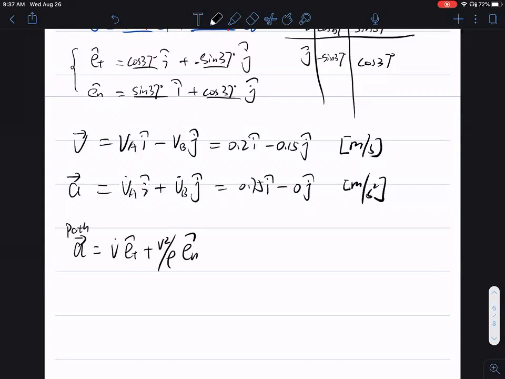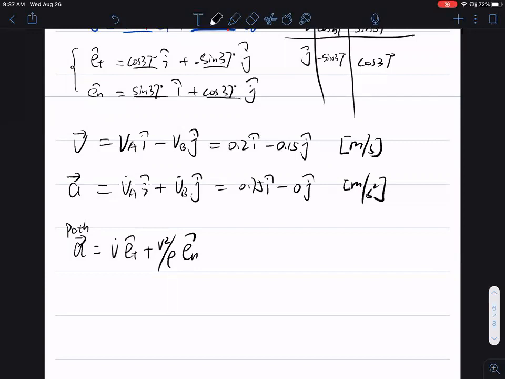And now we are given the acceleration of the same particle under Cartesian coordinate system. Like we mentioned in section 1AB, we have three different ways, Cartesian, polar, and path, but they are all equivalent. Remember that? Equivalent. They are different languages to describe the same thing. So now we want to look at how they're equivalent.